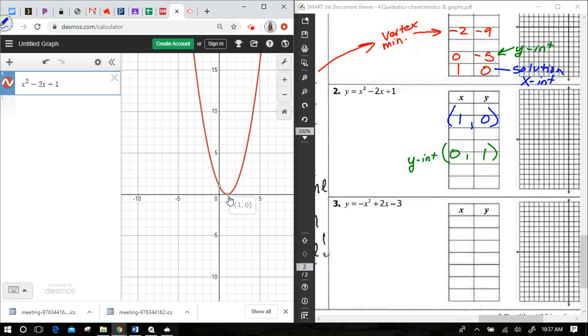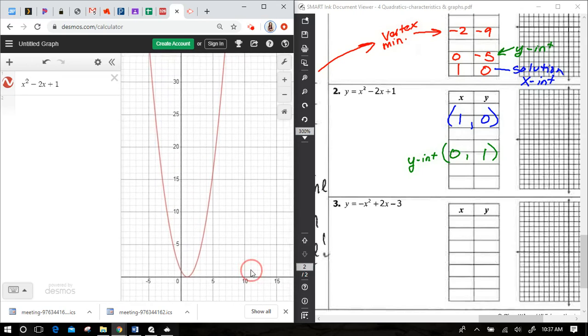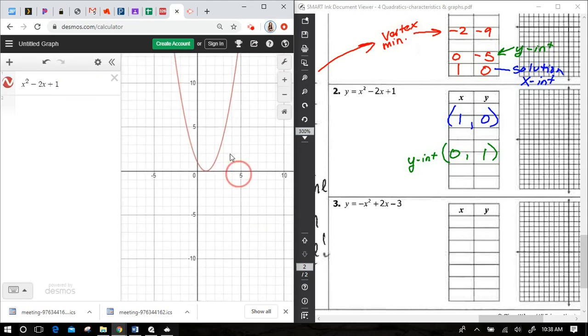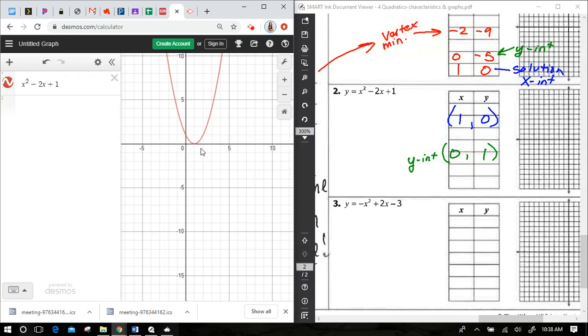And there are no other points for me to click on here. So I want us to look at the picture to figure out why there are no more points of interest on this parabola. How many solutions does this function have? The answer is 1 because it landed directly on the x-axis right here.